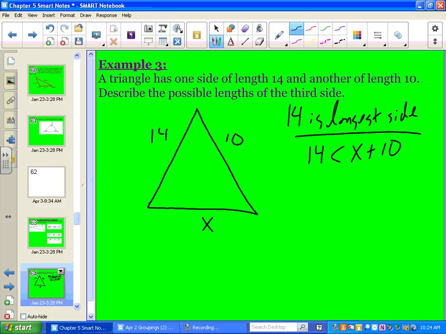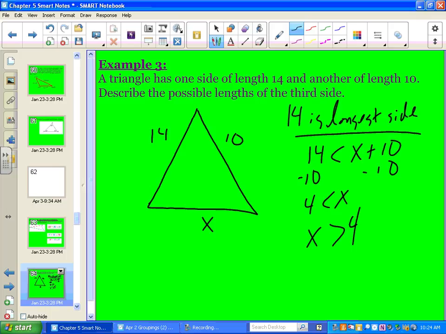These two sides added together have to be greater than 14. So subtract 10 from each side. So 4 is less than x, or x, as Kellen said, x is greater than 4. So one possibility is 14 is the longest side, and then x has to be greater than 4.